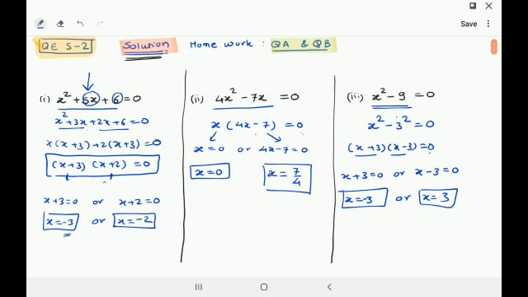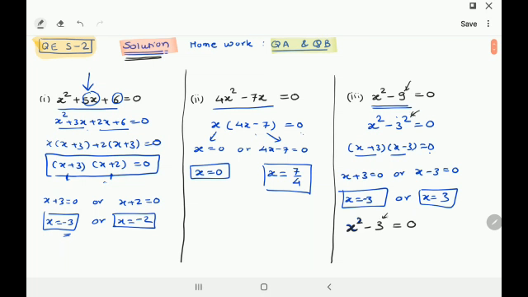Easy, right? But what if, in the same category as the last one, I get something like x square, let me change the color. If I get x square minus 3, which is not a perfect square. See, 9 was a perfect square, that's the reason I took it as 3 square. Correct.